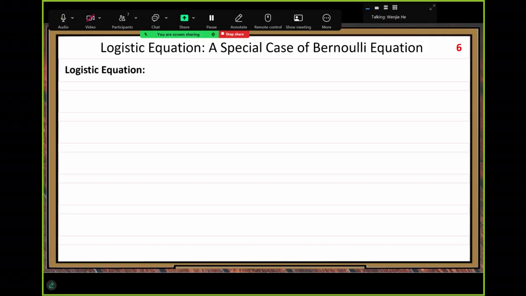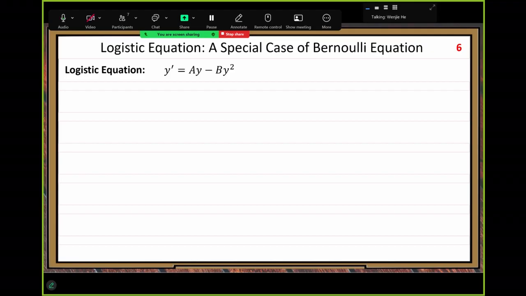The logistic equation has this form: y prime equals capital A times y minus capital B times y squared. In the Bernoulli equation, that little a equals 2 here, y to the a, here y squared. So that's a special case of the Bernoulli equation, but this equation has a very interesting model, as we will see.